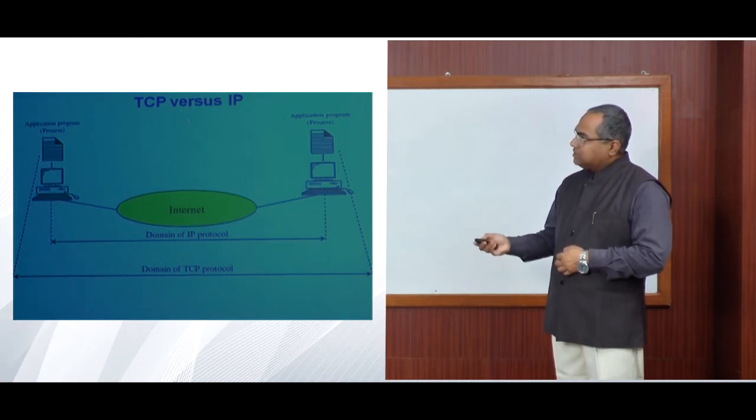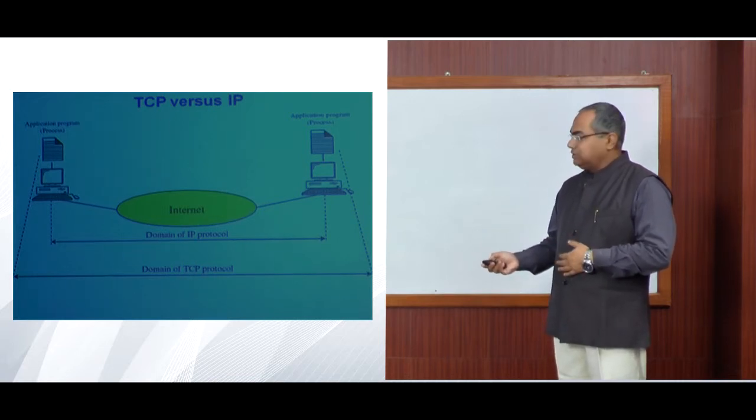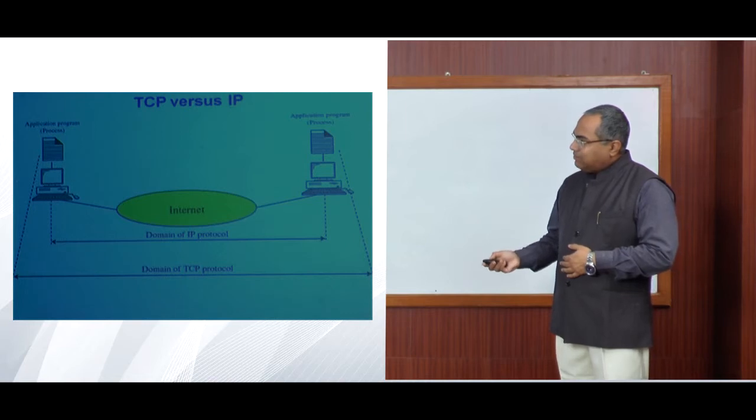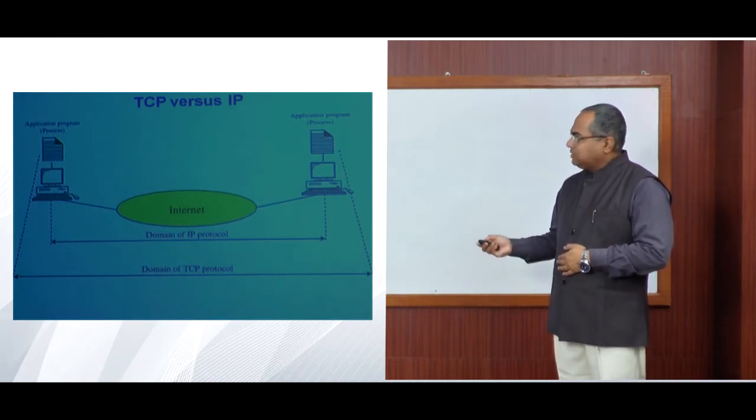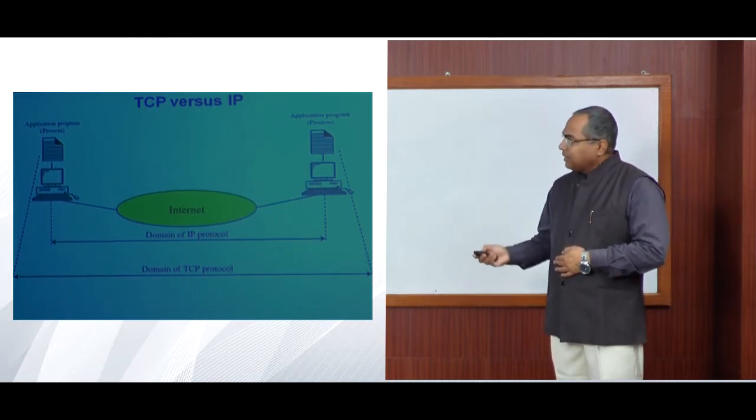Whereas today's discussion is about TCP. What is the responsibility of TCP? In my machine there are numerous processes running, and in the Google server machine there can also be numerous processes running.